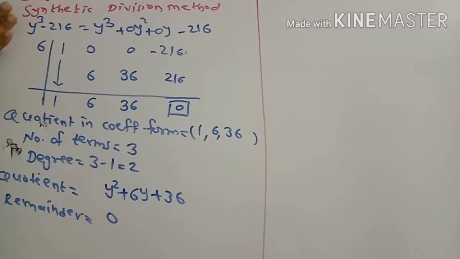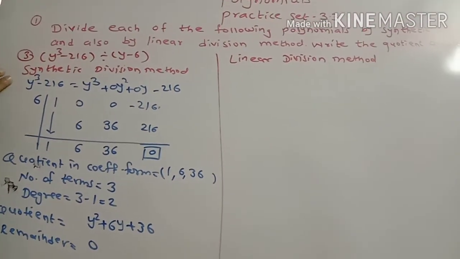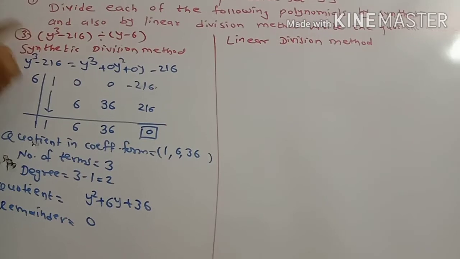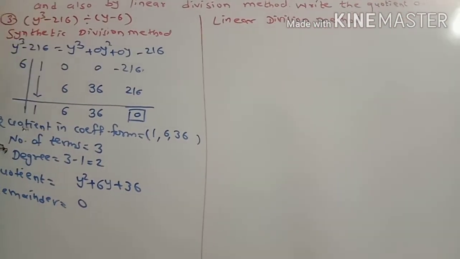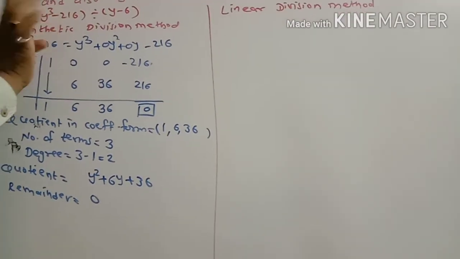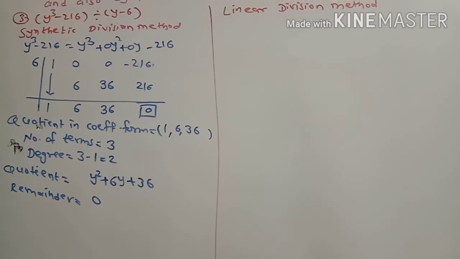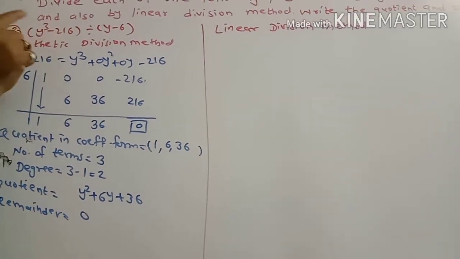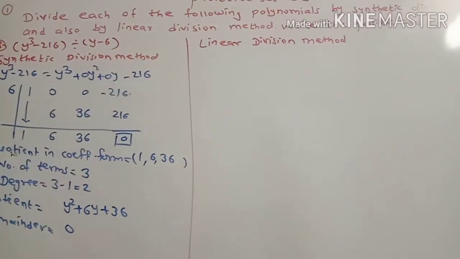I think you understand this example. To solve this by the synthetic division method, firstly write the given dividend in coefficient form. If it is not in standard form, given y cube minus 216, in this the y square and y terms are missing. Therefore, we write the given polynomial as y cube plus 0y square plus 0y minus 216.